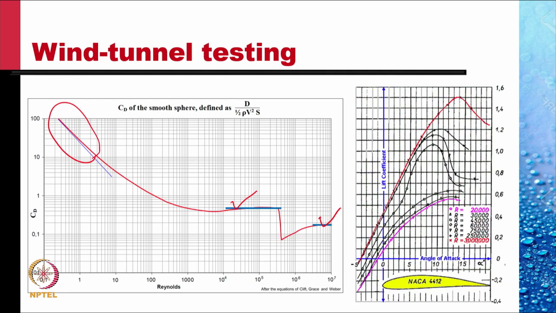It is interesting to see that the lift coefficient of the NACA 4412 aerofoil for various Reynolds numbers establishes the truth of this. These three curves cover a Reynolds number range from 75,000 to 3 million.